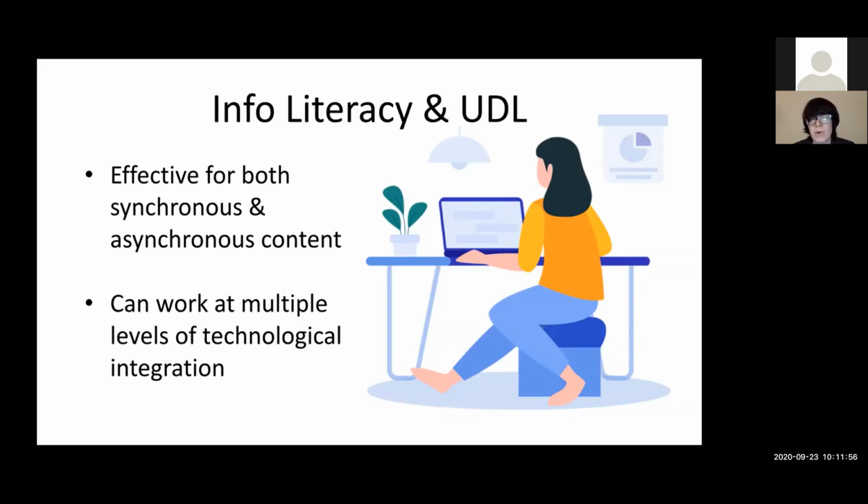At both ends of that spectrum technologically, Universal Design for Learning has techniques and guidelines that apply equally as much. So it's important to keep that in mind, that it's not something that only applies when you're doing online work. It's not something that only applies when you're doing synchronous or asynchronous work. It is really a framework that should guide all of your instructional design, broadly defined. And that means instructional design of all types.